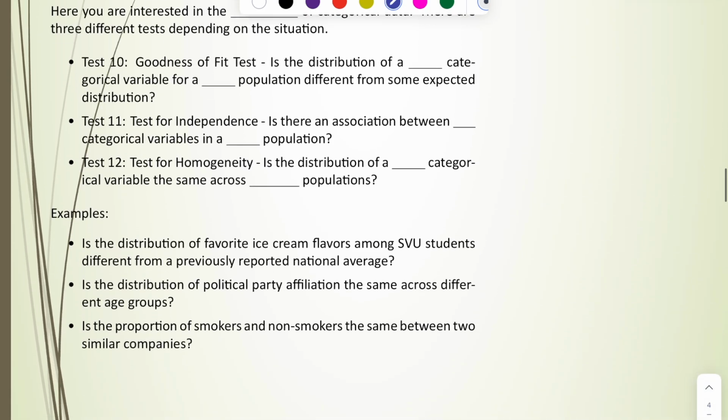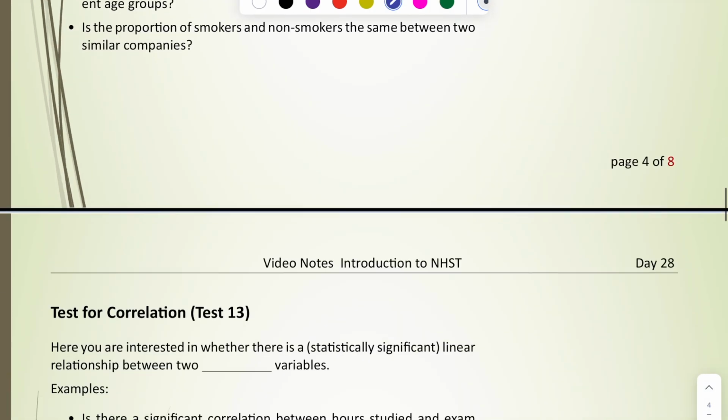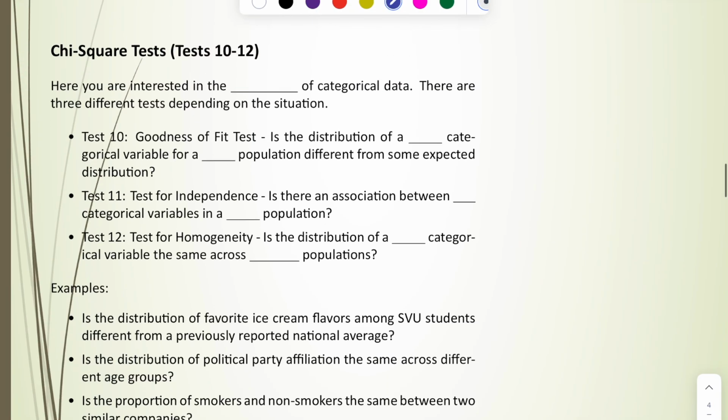Okay, the last few tests here, we've got just 3 more types of tests. So there's the chi-squared tests, and these you are interested in the distribution. So sort of think of the histogram, or since it's categorical data, it's not a histogram, it's a bar chart. So think about the frequency chart of a categorical variable.